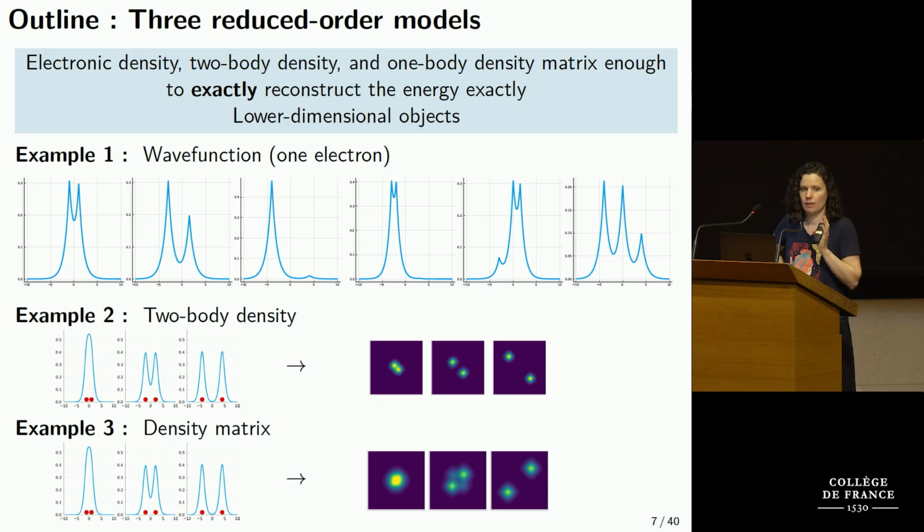In fact, it's on a toy problem where we have only 1 electron, so we can directly look at the wave function. And then I will show how we approximate the two-body density from the knowledge of the electronic density. And finally, I will discuss how to deal with the density matrix.